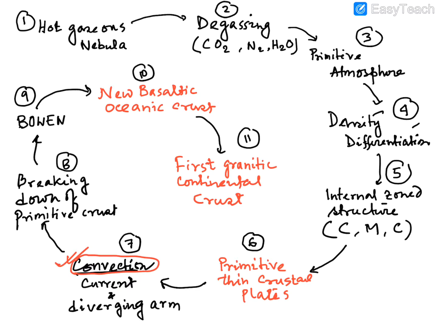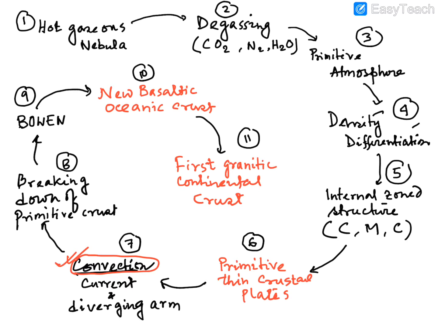Okay. Now this convection current, the diverging arm of the convection current, kept hitting the primitive thin crustal plates. And while this diverging arm of convective currents kept on hitting the thin crustal plates, it melted out and broke off.